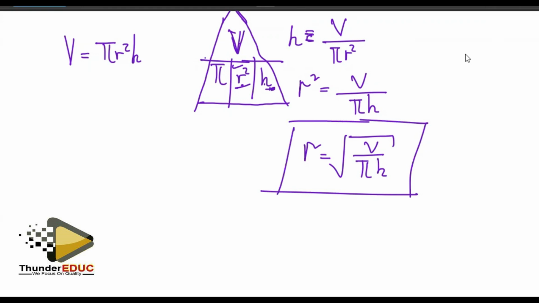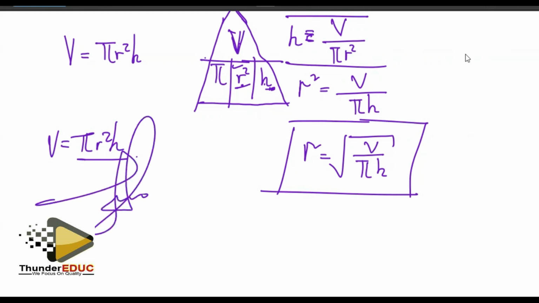If you ask for radius, it's the square root of volume divided by pi h. Whereas if you're looking for height, it's volume divided by pi r squared. So definitely if you're looking for volume itself, it's the bottom part, all of it. That's how we remember the formula.